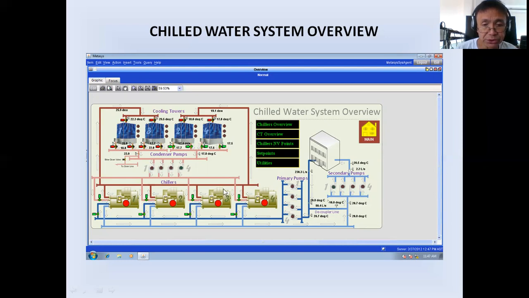Here you will be able to see also the running status of chillers, okay. In this system, we have 4 chillers. Now, each chiller, it has also what you call these butterfly valves, okay.